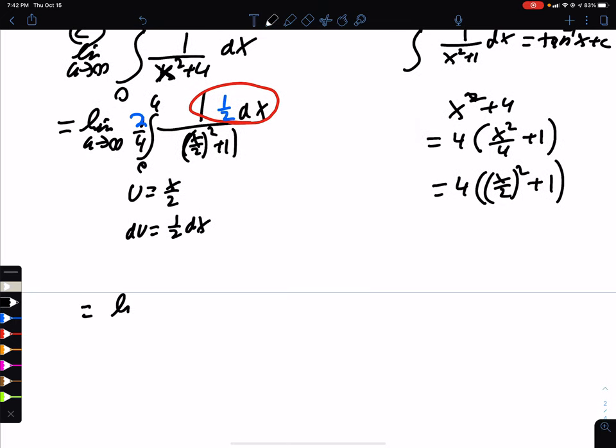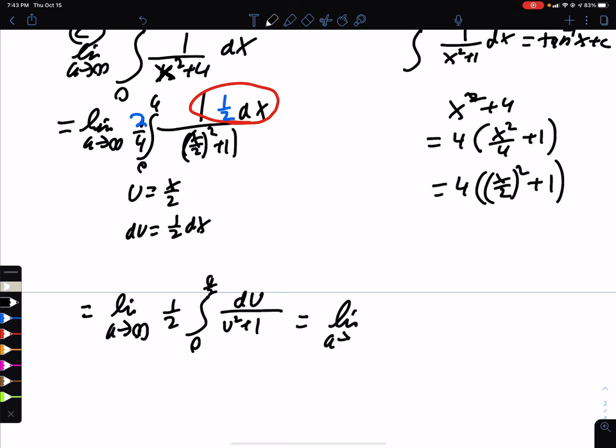Now I can rewrite this. So this will be the limit as a goes to infinity. And this is a good review from last year in integrating 1 over u squared plus 1. Now, this is 0, believe it or not. You put a 0 there, it's still 0. And this is a, so we're going to get a over 2.